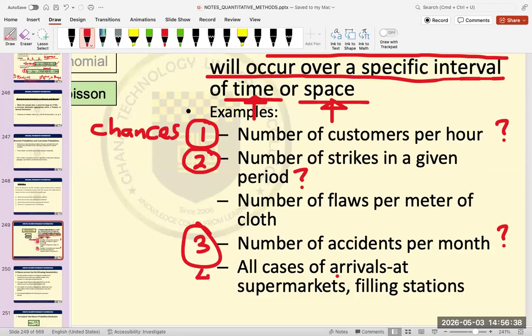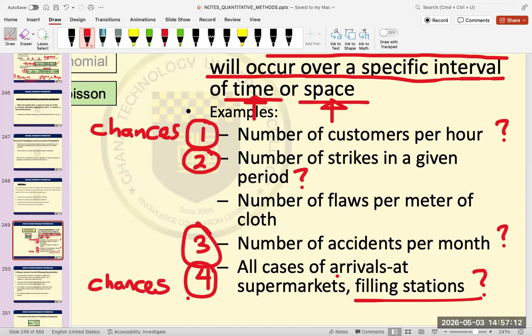And then 4, I repeat like I did in 1. All cases of arrivals at supermarkets or filling stations. Do you know the number of cars that will come to your filling station in a particular day? No. Does it mean you shouldn't plan for the cars? No. So you have to take the risk, or what we call the chances.